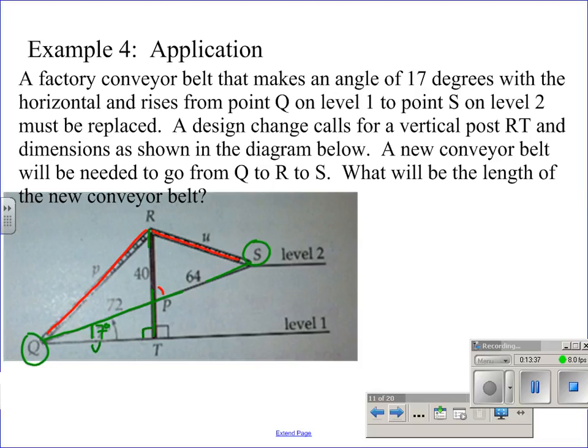We know we have a 90-degree angle here, and once I use that, then I know that I have 180 degrees in a triangle, which is going to make this angle here 73 degrees. And if that angle is 73 degrees, then I know that this angle here is 73 degrees, and I know that this angle here is supplementary to that angle, making it 107 degrees.